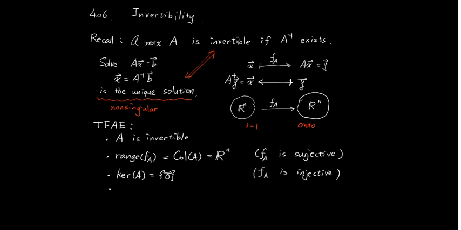And the equivalent definition of this is saying that the rank is equal to n. Recall, rank is the number of pivots. After you do all the row operations and get it into the reduced echelon form, you get n pivots. If this is the case, then the rank is equal to n, and A is invertible.